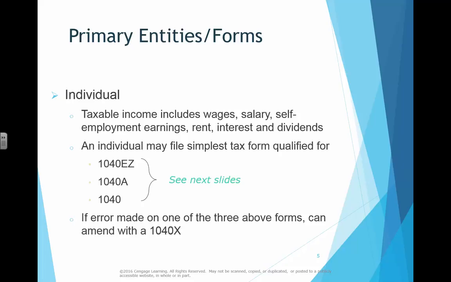If somehow you make an error and you need to amend a tax return, you use something called a 1040X, and those are kind of a pain in the butt. Does anybody remember from the link I just showed you what the name of the Montana tax return is? Department of Revenue. That's the name of the agency. Yep, the MT2.